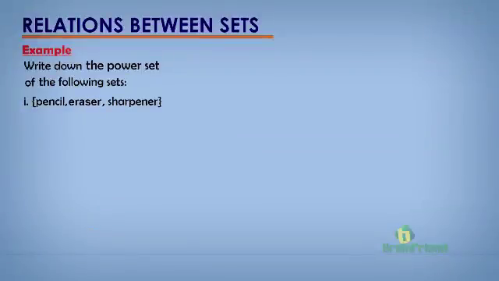Let's take a look at our example here. If we were asked to write down the power set of our set here given that has as its elements pencil, eraser, and sharpener, let X be our set. The power set therefore would be what?